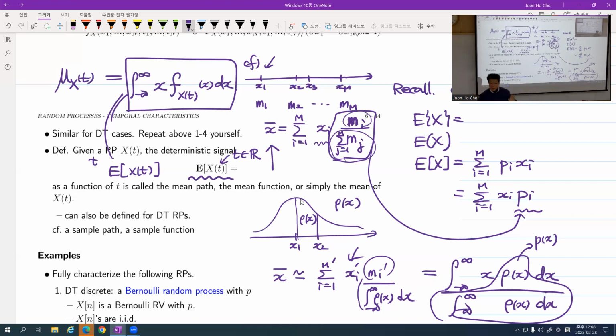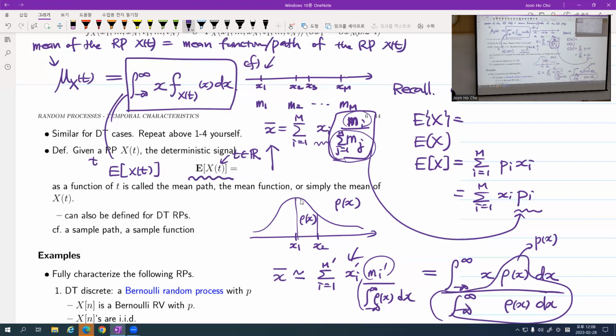By the way, some people use mean path or mean function because they want to emphasize that this is not a single scalar. Okay, so this is the mean of the random process X of T, or the mean function, or mean path, as we call it, or mean sample function path of the random process X of T. Okay, so be careful.